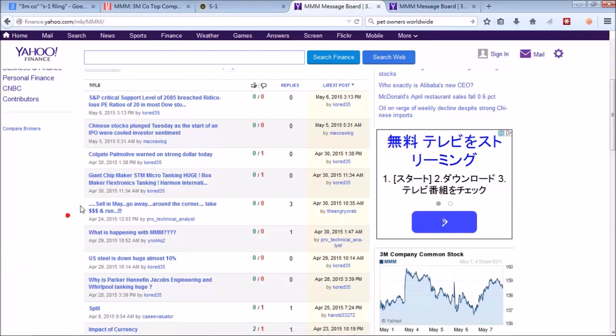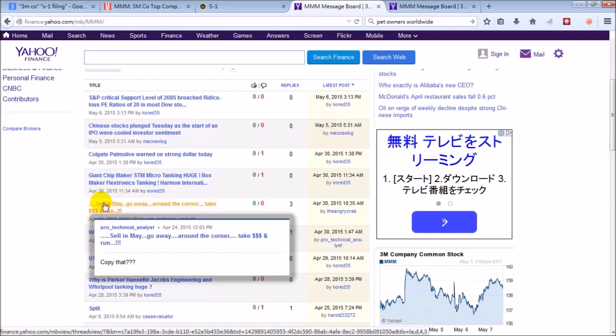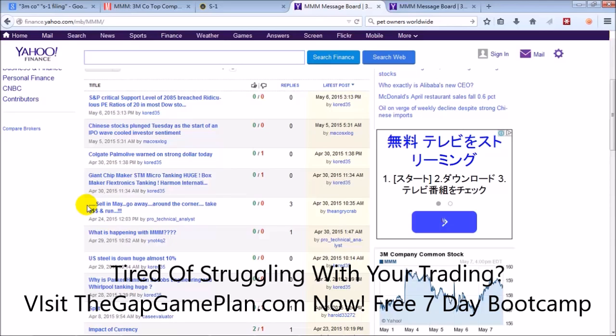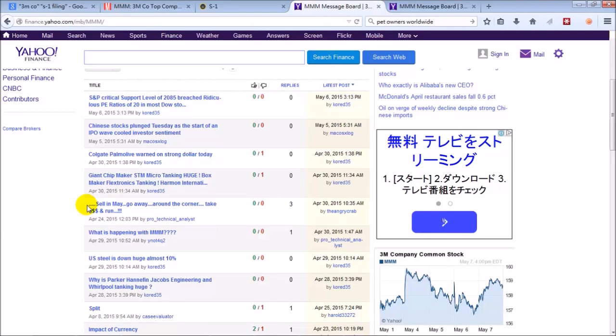So here this guy says sell in May, go away. He's using a majority rule that doesn't apply today because this May is in a very strong year. Even though May historically is a bear market, if you look at the statistics in a way where you divide it up into different years, you'll find that years that end with 5 and years prior to an election year are strong years even in May.